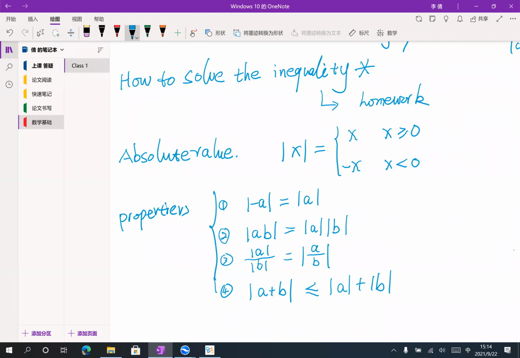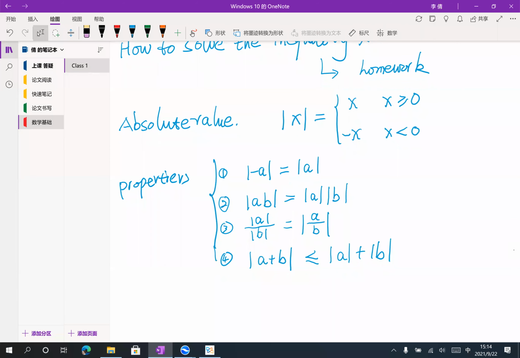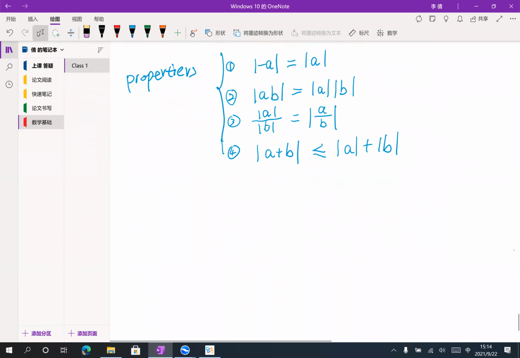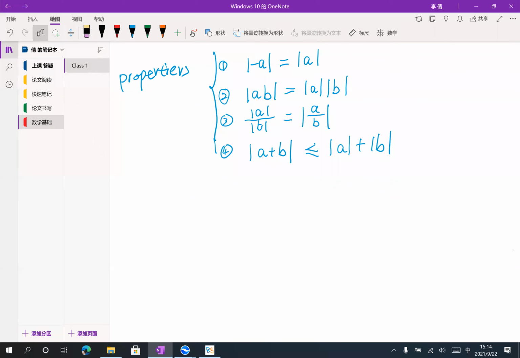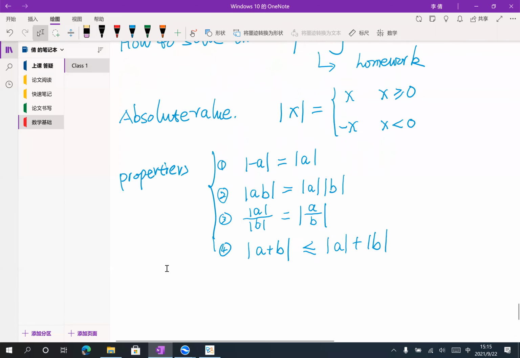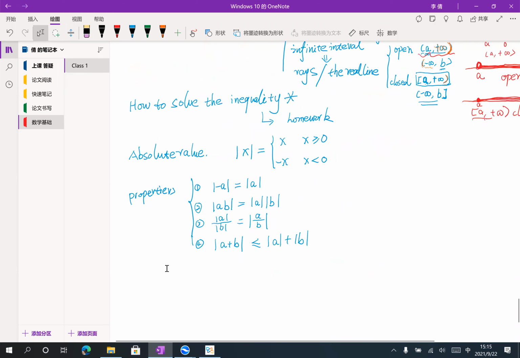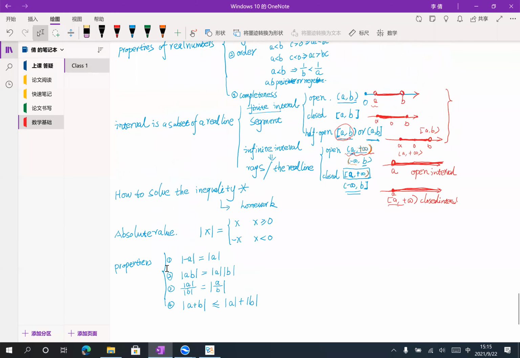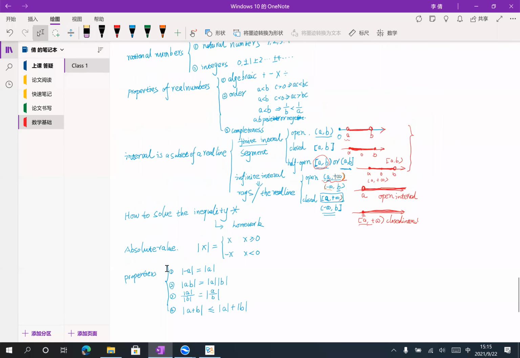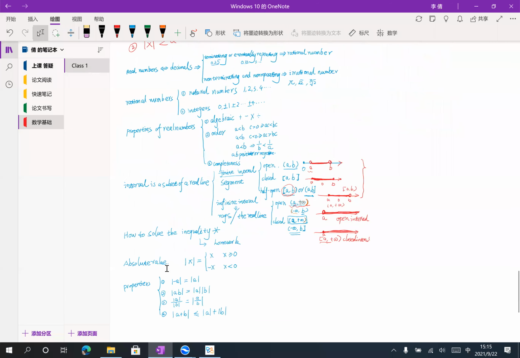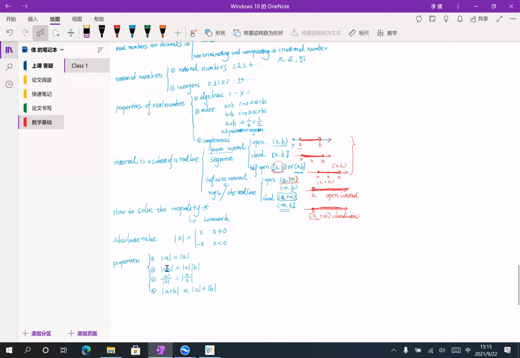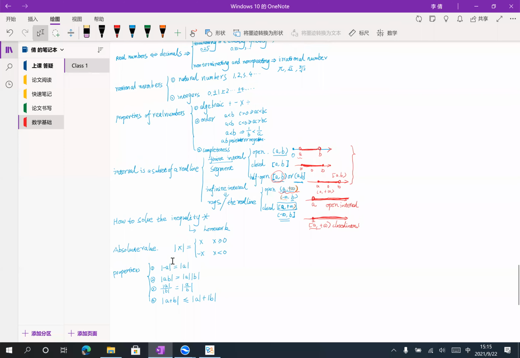These are the properties of the absolute value. And then we got inequalities of the absolute value. Okay, this is the knowledge we studied in the previous lecture, right?